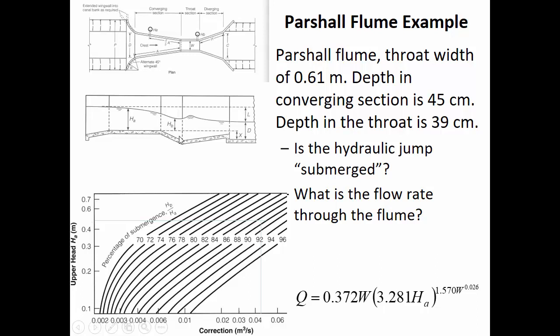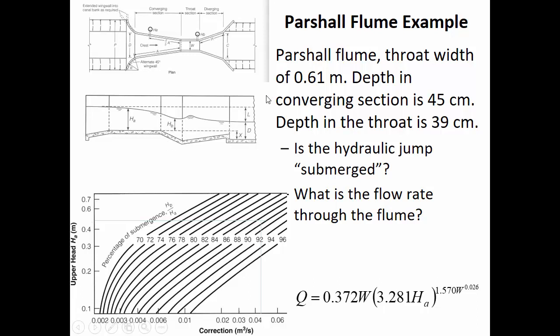Notice in the side view of the flume a downstream section that's pretty steep. What that does is it accelerates the flow and it causes a hydraulic jump. Some of you have had hydraulics already, some of you are taking it this semester, but a hydraulic jump is kind of a specialized condition where you have supercritical flow transitioning into subcritical flow.